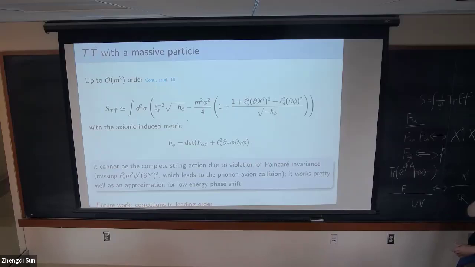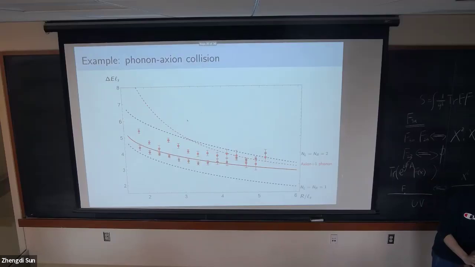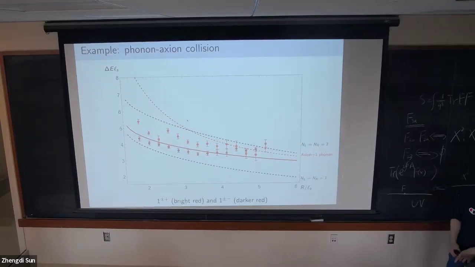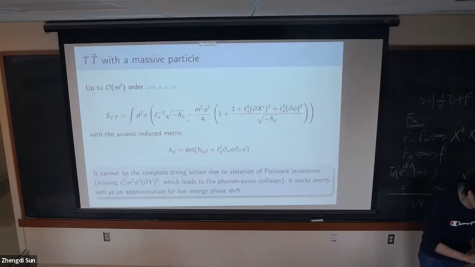And also, as a good bonus about this exception, we can actually use the splitting we observed here between these two scattering channels to compute the non-universal coefficients in the axionic effective string action.